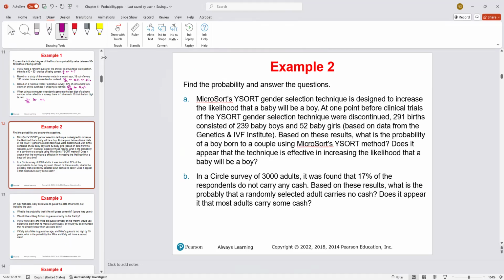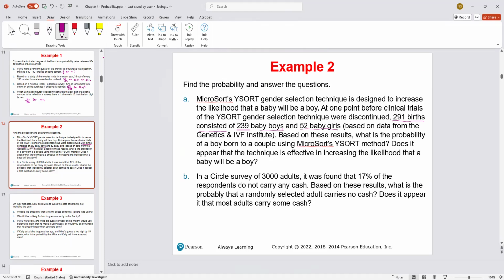At one point before clinical trials of the Y-sort gender selection technique were discontinued, 291 births consisted of 239 boys and 52 baby girls.